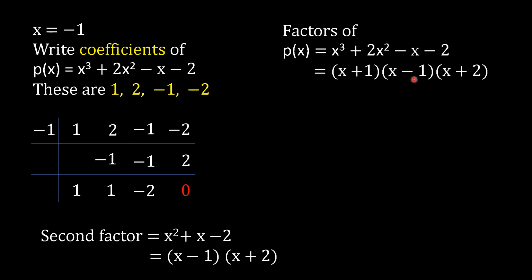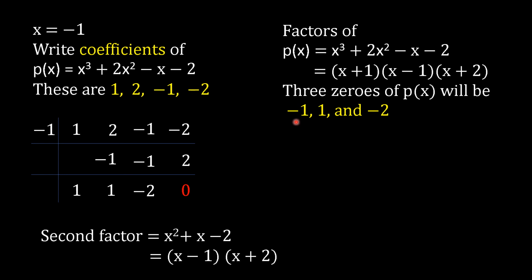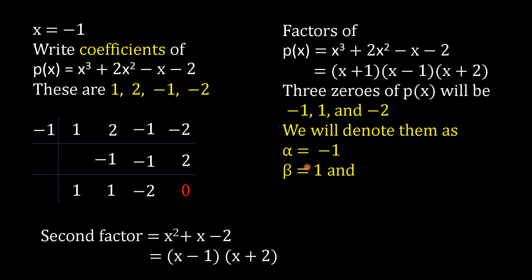Now from these factors we will write the zeros of this polynomial, and its three zeros will be minus 1 from this factor, 1 from this factor, and minus 2 from this factor. We will denote these zeros as alpha equals minus 1, beta equals 1, and gamma equals minus 2.